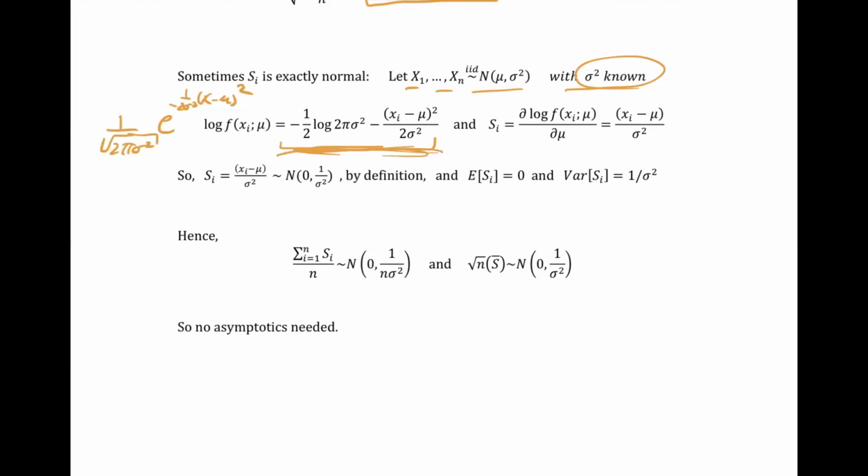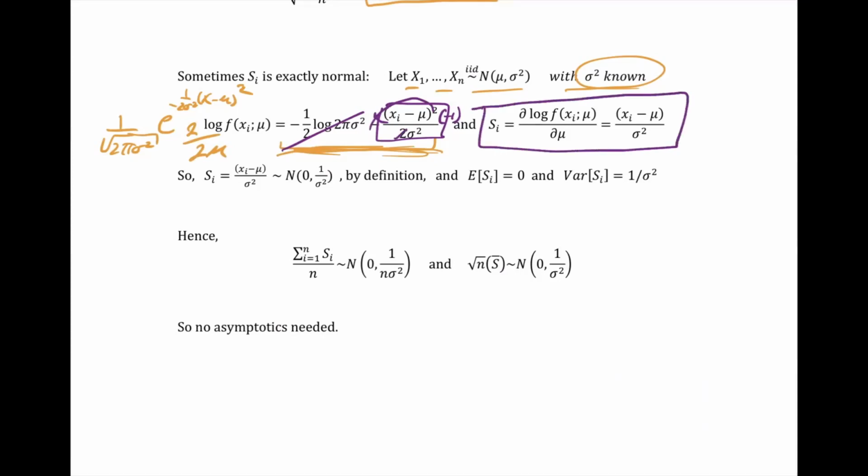And then if I take the derivative of this thing with respect to mu, partial mu of this thing, then that part's going to go away. And then I just have to take the derivative with respect to mu of this piece here. So the 2 will come down, and then I have to do the chain rule. I'll get the minus 1 on the inside. The 2's cancel, and I get this right here.